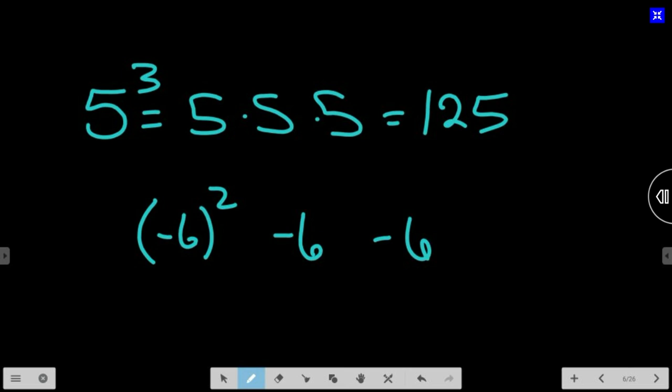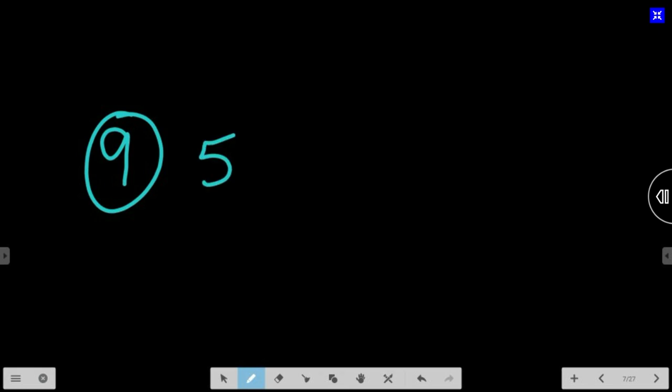All right, jumping down to the next section. 9. 5 to the 3rd times 5 to the 6th. Please look above number 9 and read. What does it tell you to do? Add them.